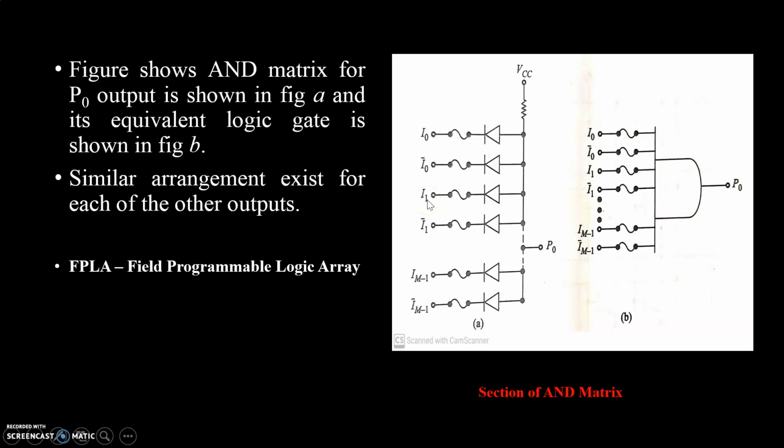This figure shows the AND matrix for the P0 output as shown in figure A, and its equivalent logic gate is shown in figure B. A similar arrangement exists for each of the other outputs, where FPLA is nothing but field programmable logic array.